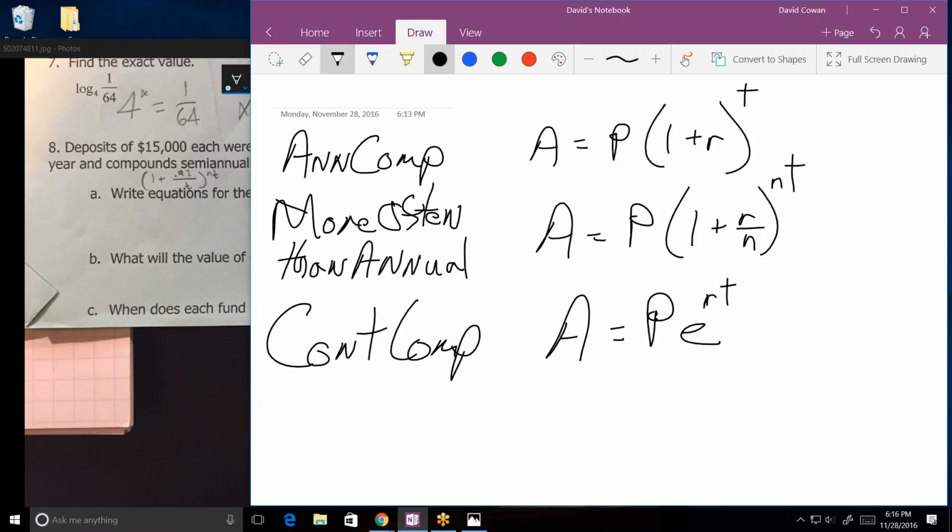And annual compounding is a human invention. There's nothing in the world that compounds annually except a bank account, only because the bank account does it that way. Okay. Everything else either grows or decays continuously.